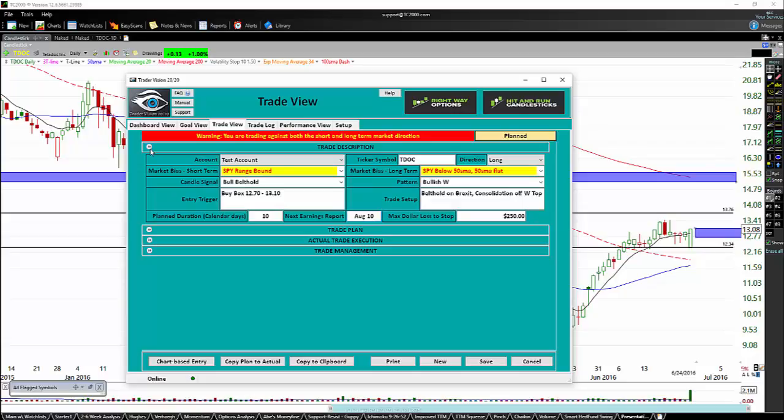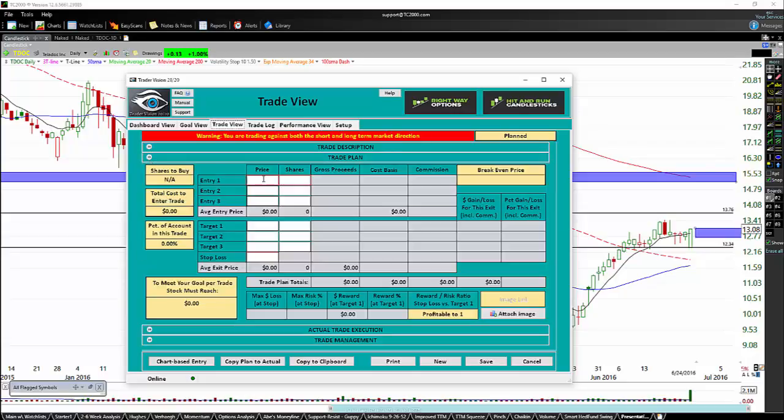With this entered, we're now ready to go on to the trade plan. I had specified an entry in that box. Let's just, for argument's sake, say that I get a 12.85 entry price.